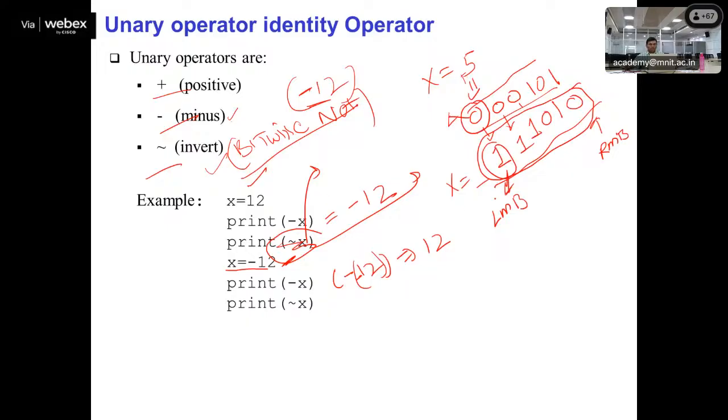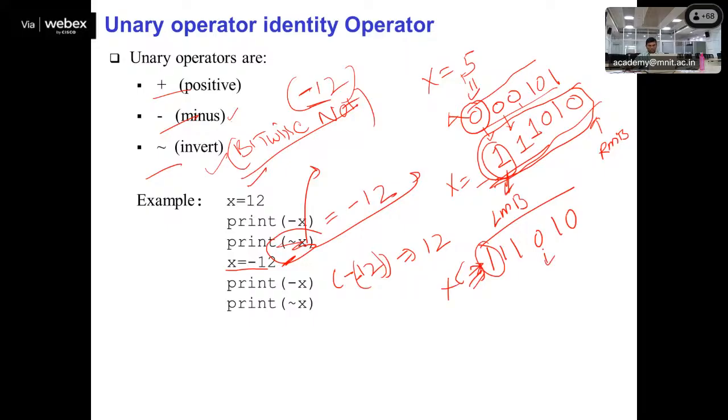Only remember that the number coming here is 1 1 1 0 1 0 in the 6-bit notation. The leftmost bit is 1. This shows that this number is negative. So what is its positive counterpart? We can find that out by applying the 2's complement, which will give me the exact value of this representation.